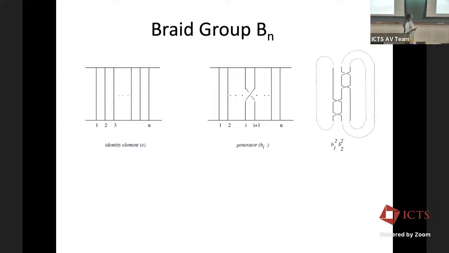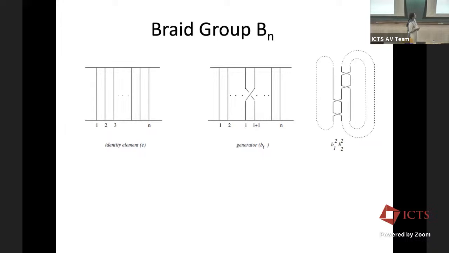Sometimes two particles can exchange between each other. Since it's on a plane, a clockwise exchange is different from an anti-clockwise exchange. If it is clockwise, we put it as an overcrossing on this diagram. If it is anti-clockwise, you put it as an undercrossing. The group action is just concatenation.